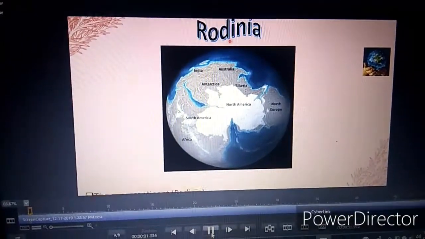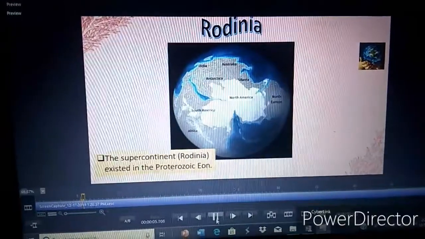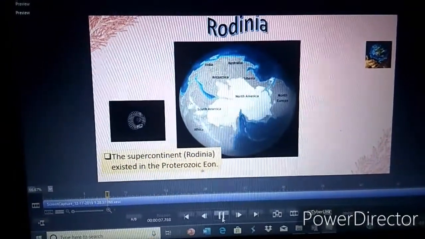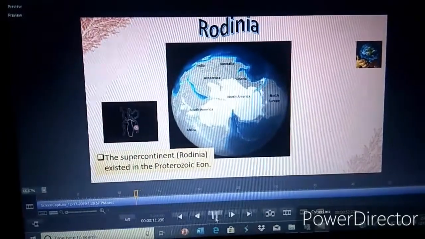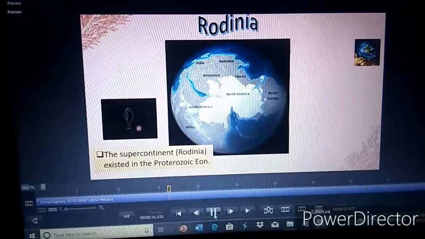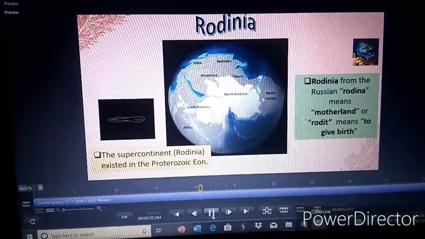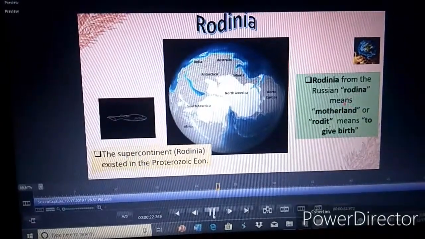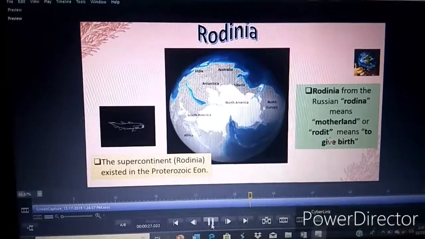Next is Rodinia. The supercontinent Rodinia existed in the Proterozoic Eon. It is believed to have originated about 1.1 billion years ago, a time when life began to evolve into more complex organisms. And why Rodinia? Rodinia comes from the Russian word Rodina, meaning motherland, or rodit, meaning to give birth.